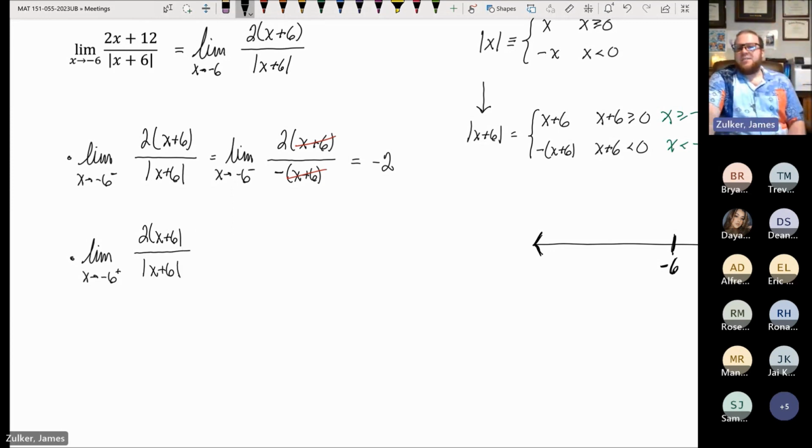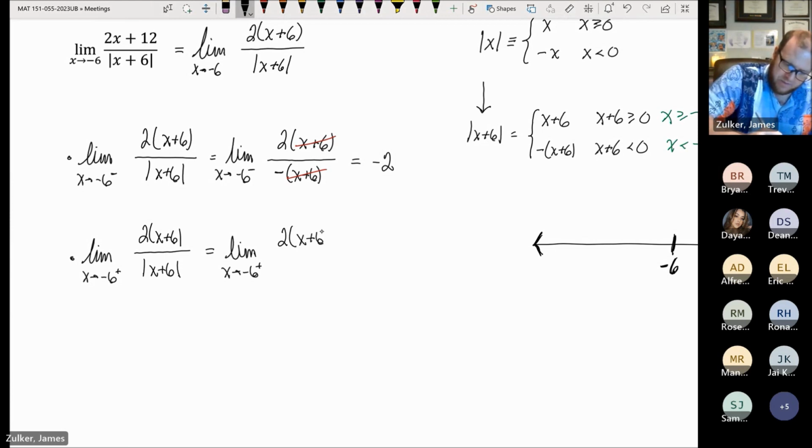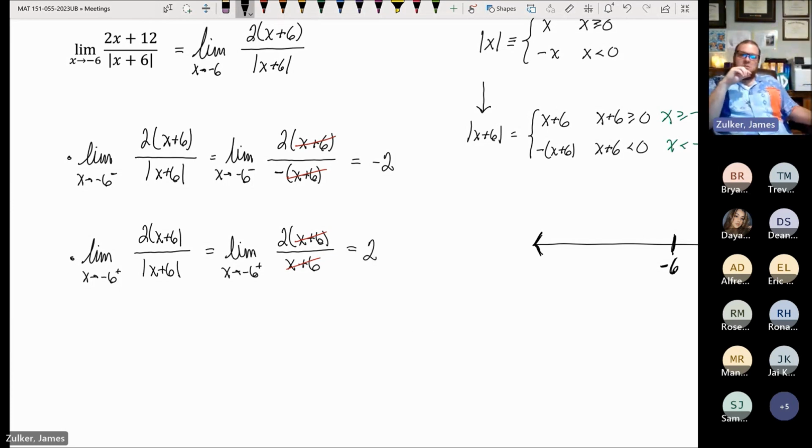If instead we're coming in from the right, all of our x values are going to be larger than -6, right? That means we replace the absolute value of x plus 6 with just x plus 6. That leaves us with a limit of 2.